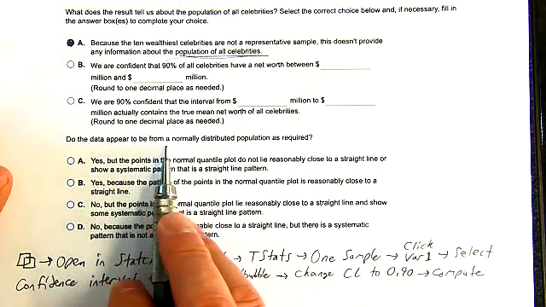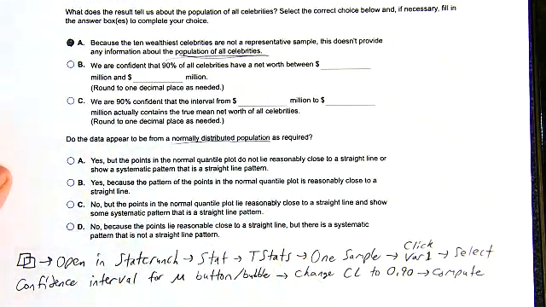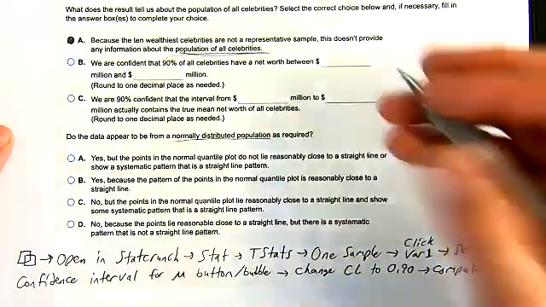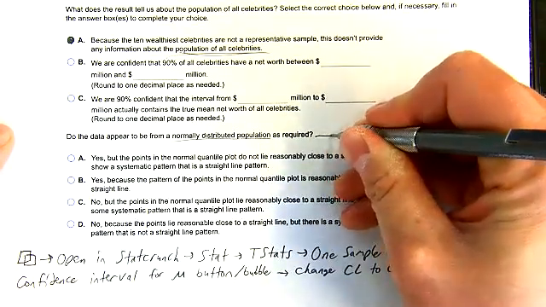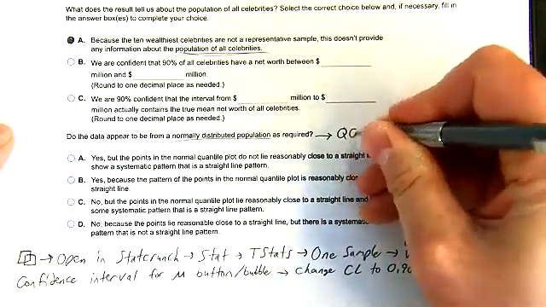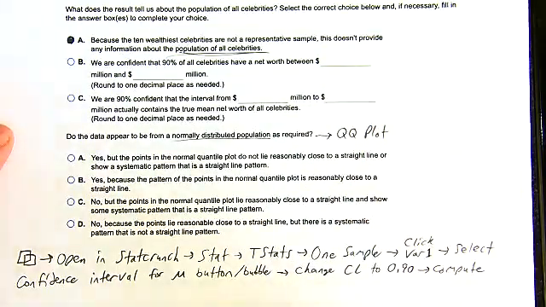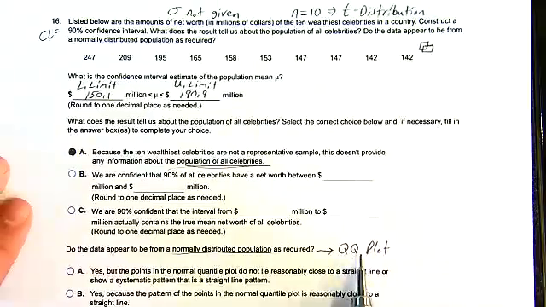does the data appear to be from a normally distributed population? So if you recall, way back in chapter 5 or 6, I can't remember which one, we looked at something called a normal quantile plot. And in StatCrunch, it's called a QQ plot. So you have to go back to your notes and find the steps to do a QQ plot in StatCrunch.